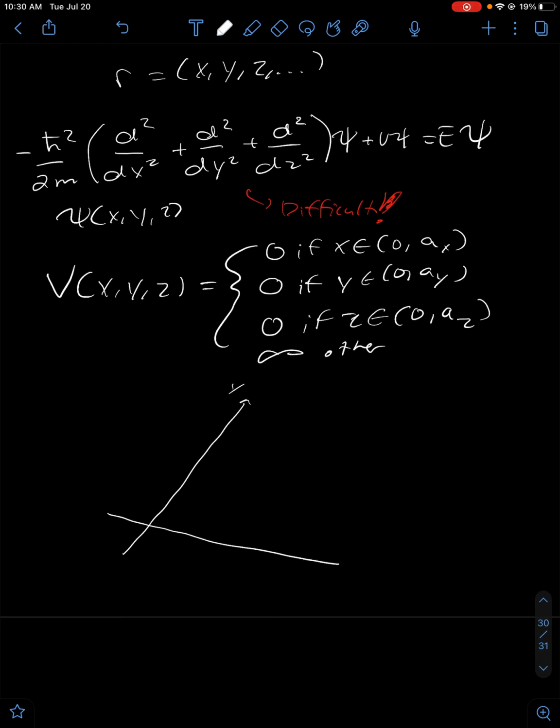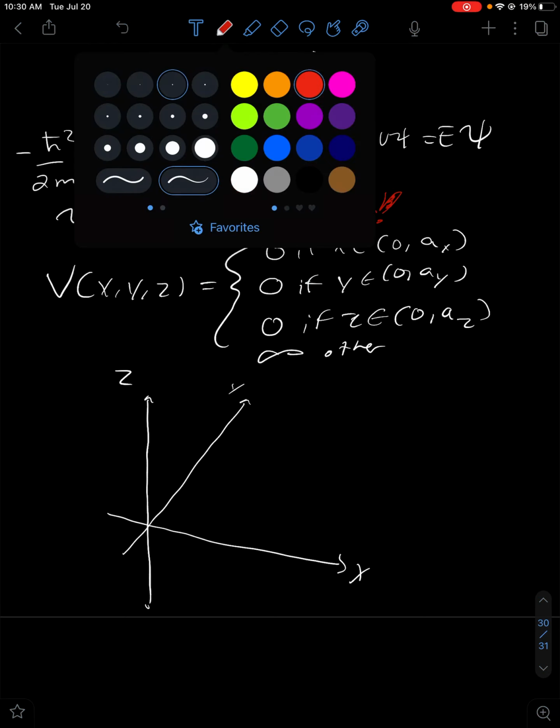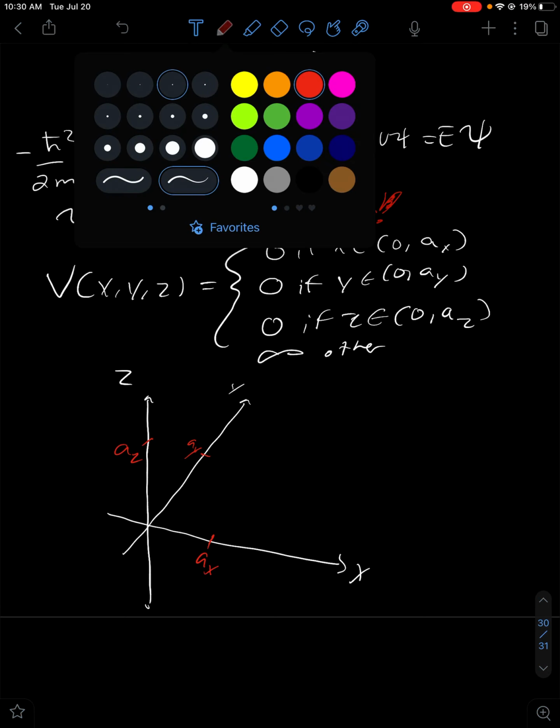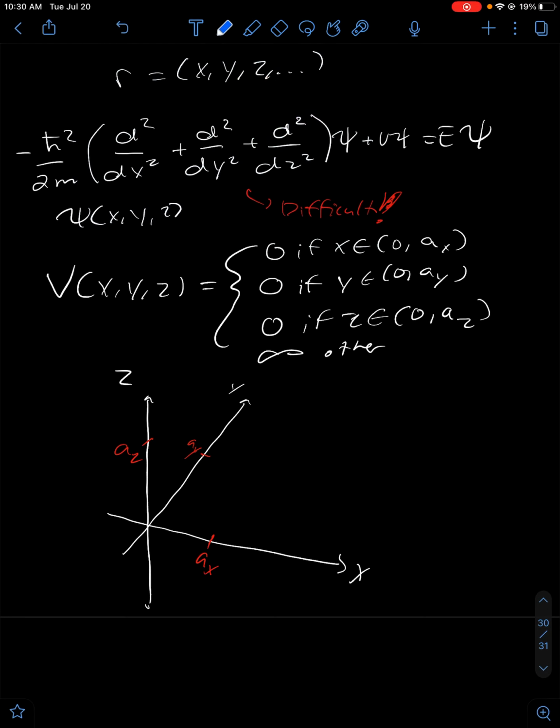So here is the x, and here's the z-axis. Here we have some ax, here we'd have some ay, and here we'd have some az. And as you can see, this forms a rectangular prism.